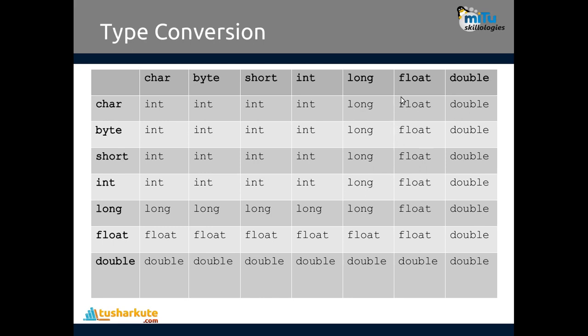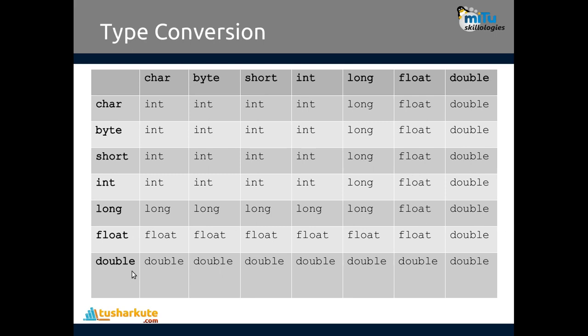If one variable is float and another variable is int, then the result is in float format, meaning float is given the preference. And double is the highest data type available in Java. So if any variable in the expression is double, then the result will be in double format. So float into short is float, double into float is double.